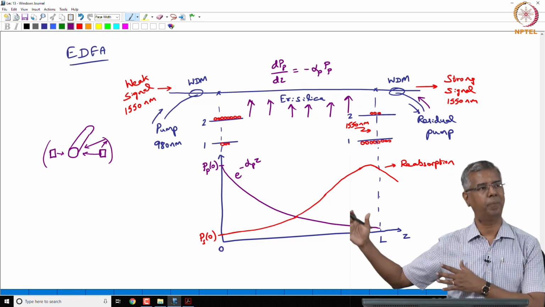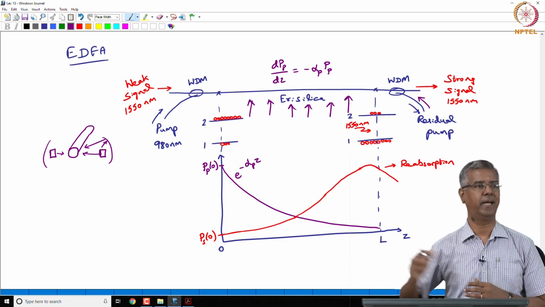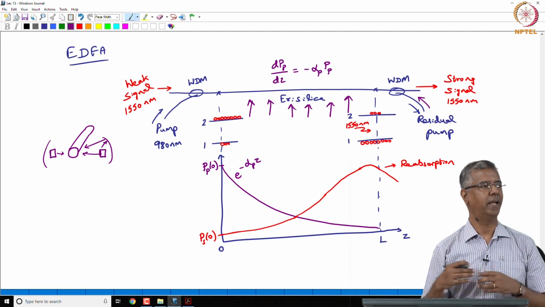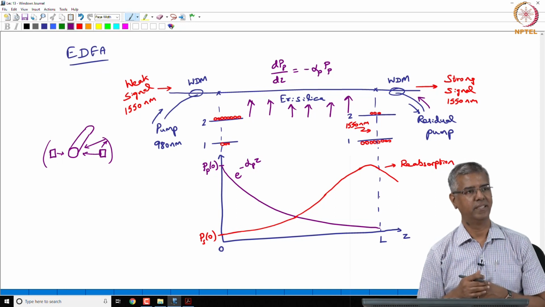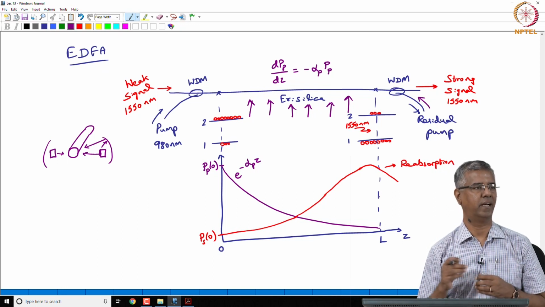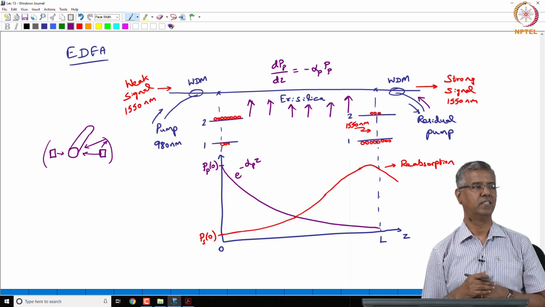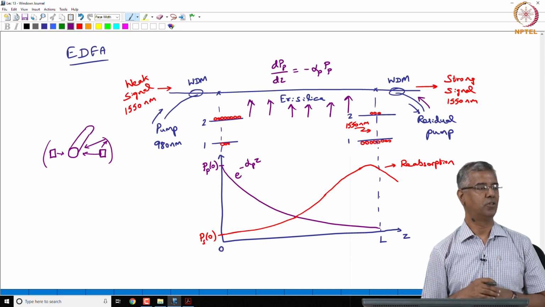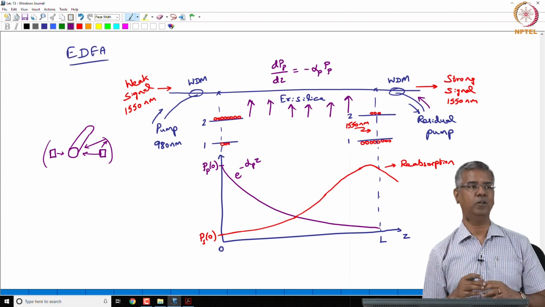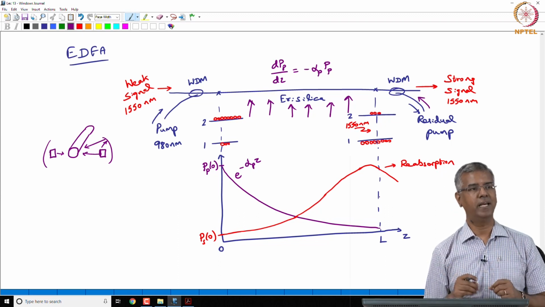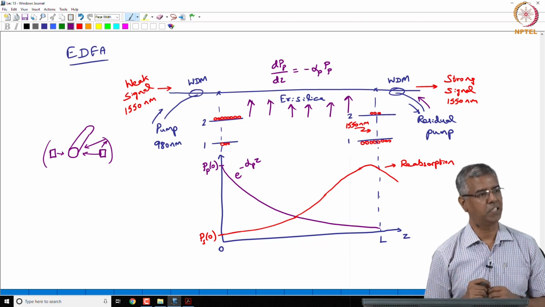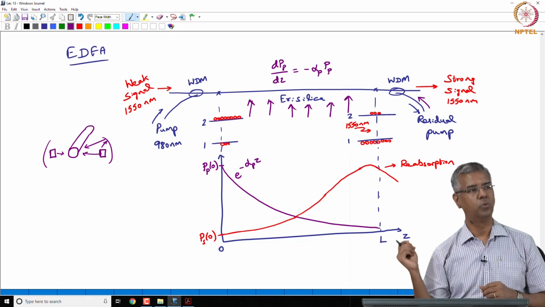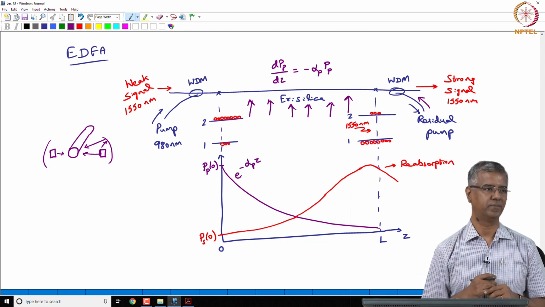And as they propagate towards the right side, your signal photons are getting multiplied, and they need more excited atoms, more inversion, right, to sustain their amplification. So you would say, from the perspective of utilizing your inversion efficiently, you want to do counterdirectional pumping.